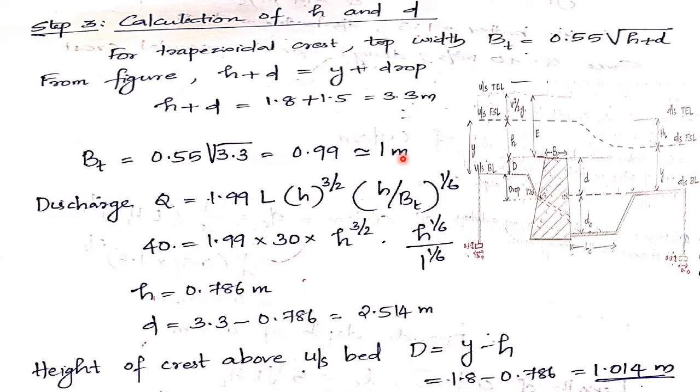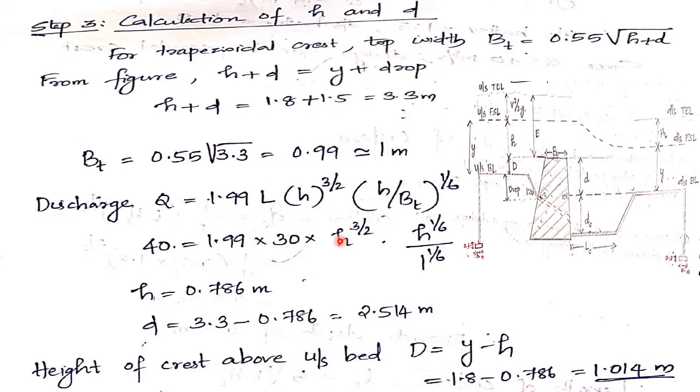Now the discharge over the crest wall: we have an equation, Q is equal to 1.99 L into h raised to 3 by 2 into (h by Bt) whole raised to 1 by 6. You have to learn this equation by heart also. Substituting the values, Q is equal to 40 meter cube per second, and L, the length of the crest wall, is equal to the width of the canal, 30 meters.